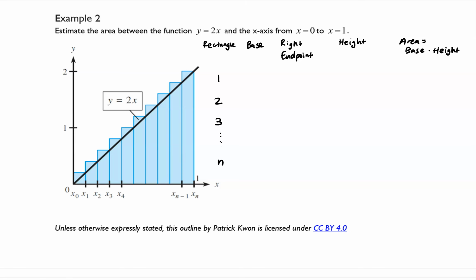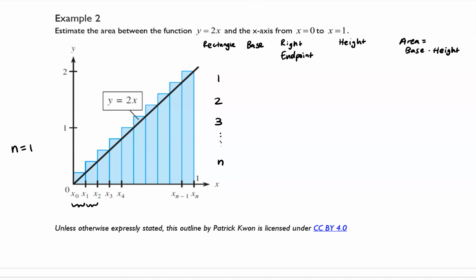And another thing to notice is that it's going to be easier for us if we make sure that all of these rectangles have the same base length. And the way that we do that is, if we have n of them, then we're just going to take 1 and divide it by n. So let me give you a more concrete example.